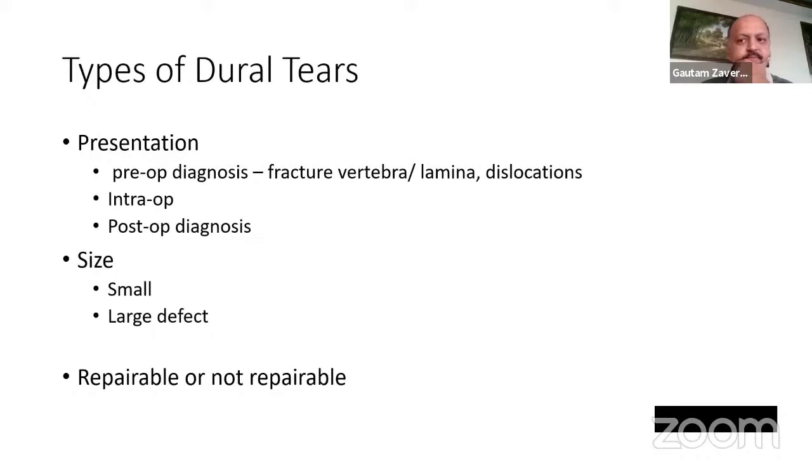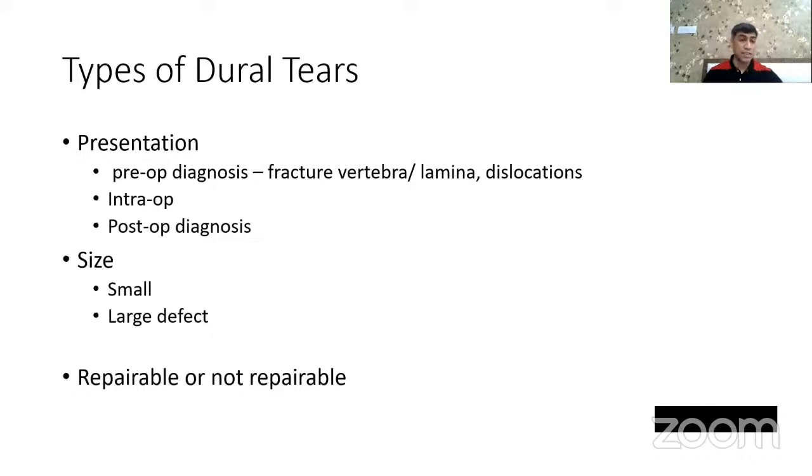These are the cases which have either gone undiagnosed, the intraoperative tear was undiagnosed, or the repair was not watertight, or in cases where there was a bony spike which was missed, and during the post-op stay, the spike had led to a dural injury leading to CSF leakage. Now, this can lead to leakage of the CSF through the wound, or it can present as a pseudomeningocele, that is swelling at the operative site.